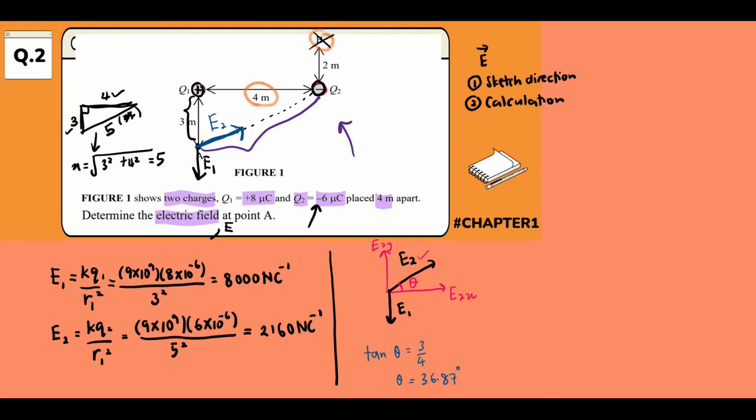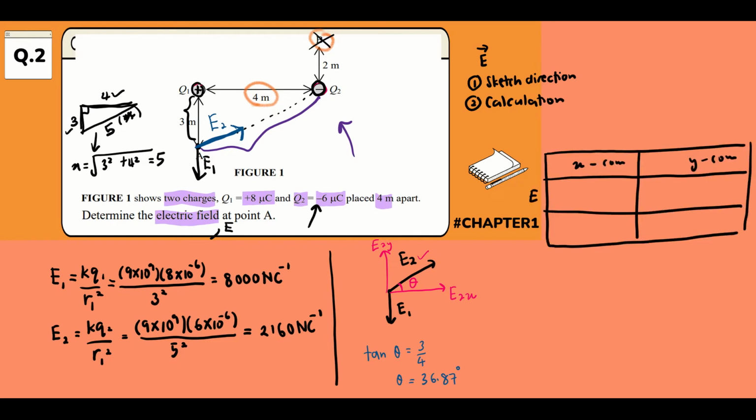Now we do our calculation. We can have a table, with columns for E1, E2, and E total. For E1, the x component is 0, and for the y component we have negative 8,000. Why negative? Because it is directed downward. For E2x, you are going to have E2 cos theta, positive because it is to the right.